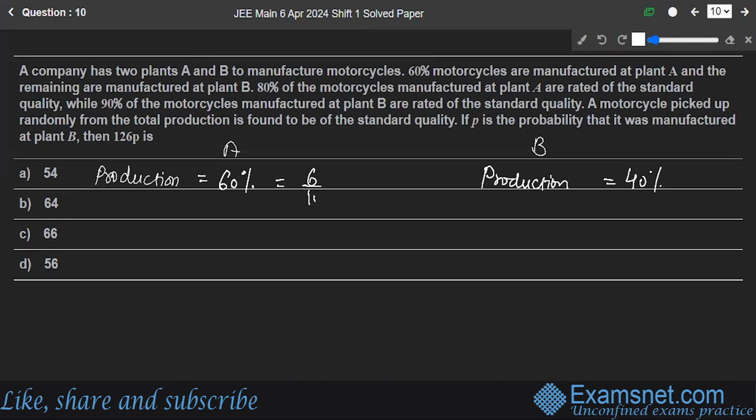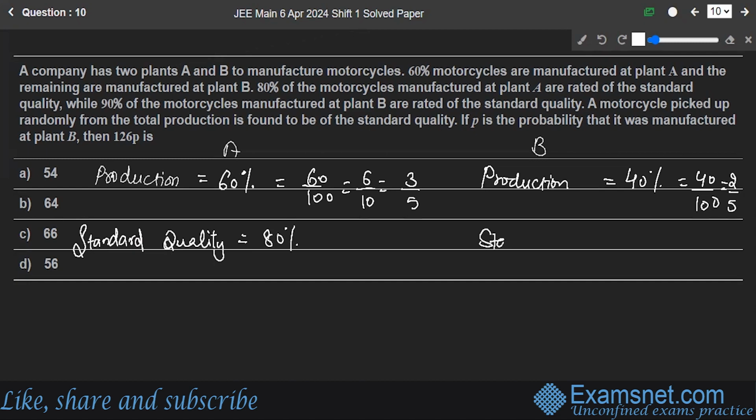This gives me 6 upon 10, or to be more precise, this is equal to 3 upon 5, and this is equal to 2 upon 5, right? Also, the standard quality for the A manufacturing unit is 80%, and here the standard quality is 90%, right? So this is equal to 80 upon 100, or again 4 by 5, and this is equal to 9 by 10.